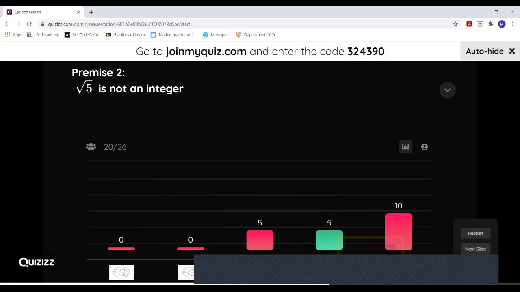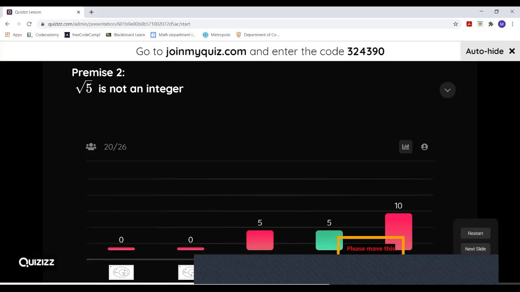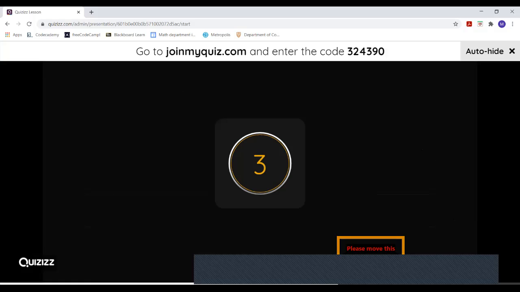So it could be this one. It could be this one. We don't know. It could be either one of these things, right? So we have to draw it on the border because it could potentially be either this one or this one. Questions about that and why we're drawing it on the border?